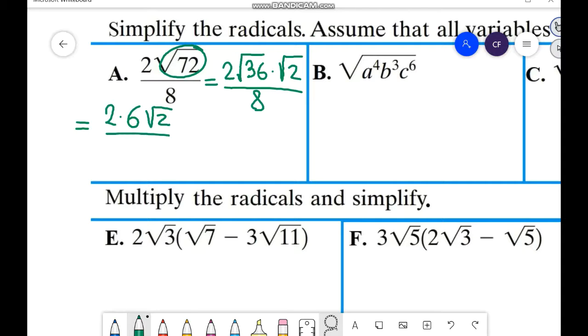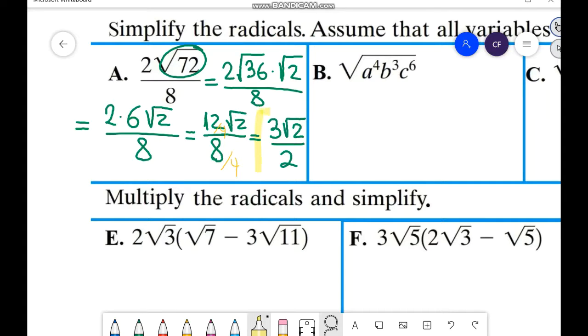Square root of 2 over 8. And we're going to find this is going to be 12 over 8, square root of 2. But we still can simplify, right? We can still simplify because 12 can be divided by 4 and 8 can be divided by 4. So divide by 4 the numerator and denominator, and you have 3 square root of 2 over 2. This is the right answer for letter A.